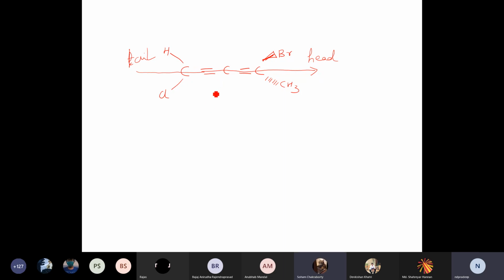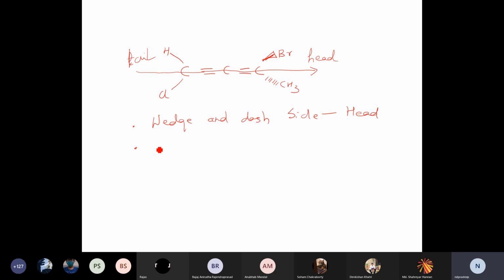Wherever the dash and wedge are there, that will be the head, and the other side will be the tail. Now how to number the allene molecules? The numbering always starts from the tail. So the first thing: the wedge and dash side will be the head.